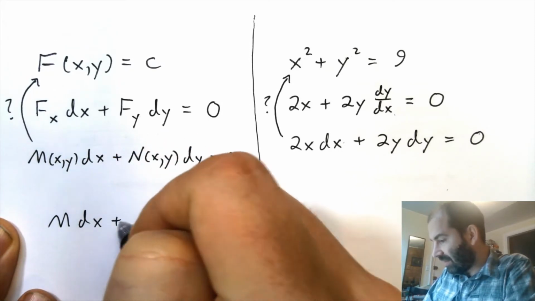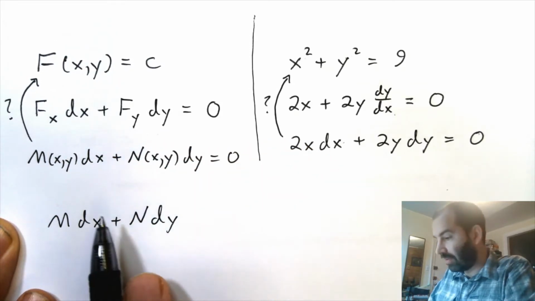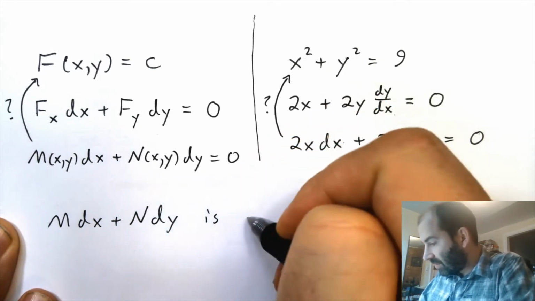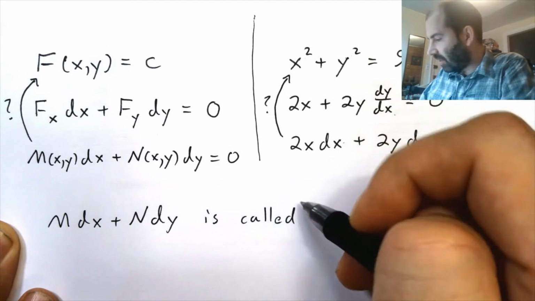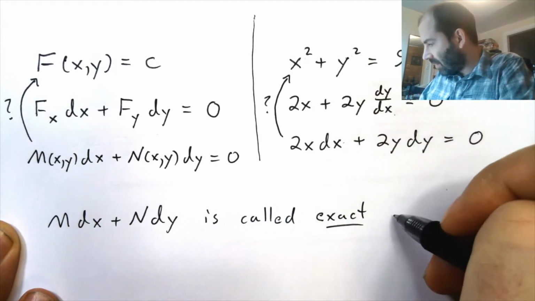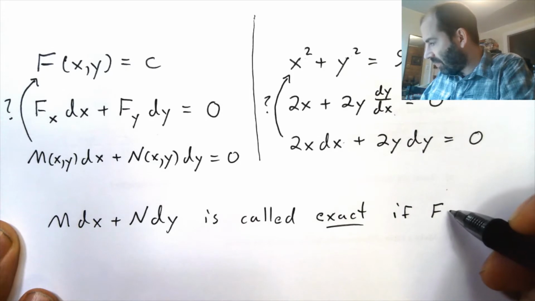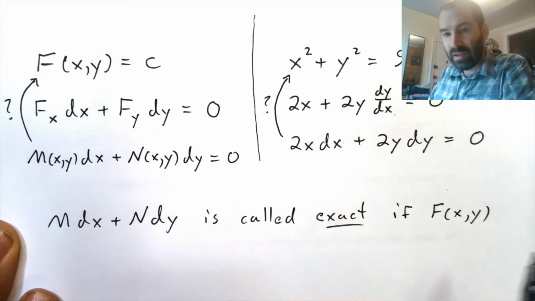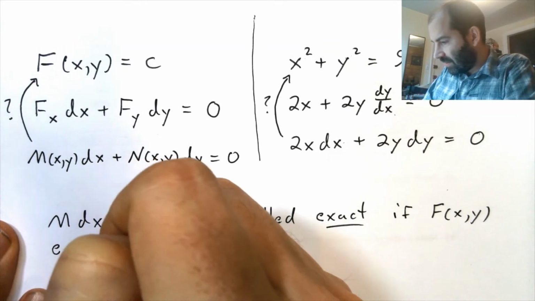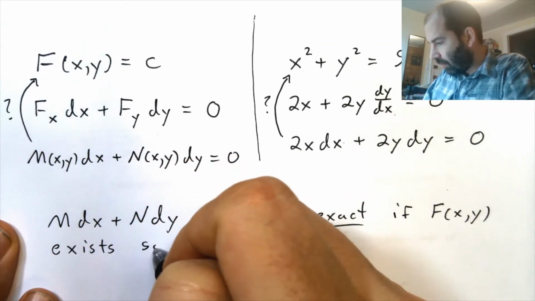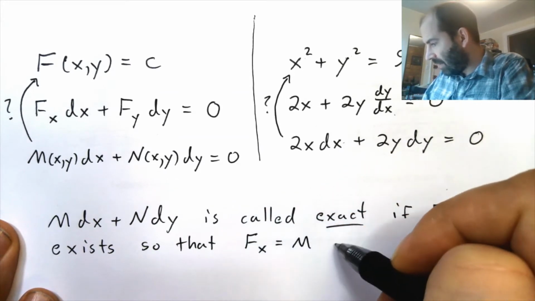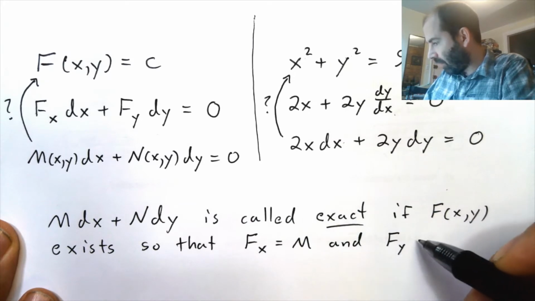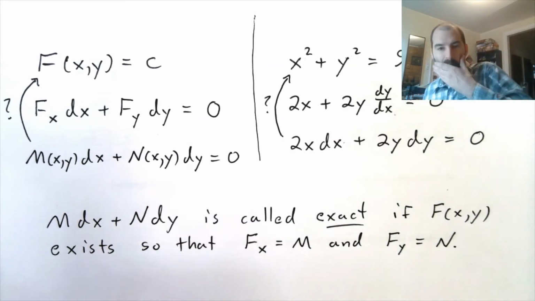So M dx plus N dy, knowing that these are functions of x and y, is called exact if f(x,y) exists, so that the partial of f with respect to x equals M, and the partial of f with respect to y equals N. Okay?